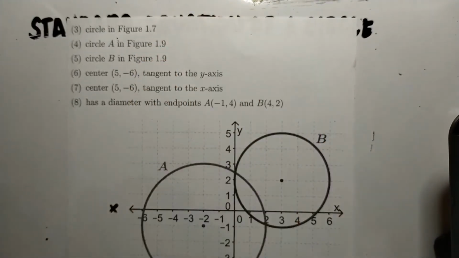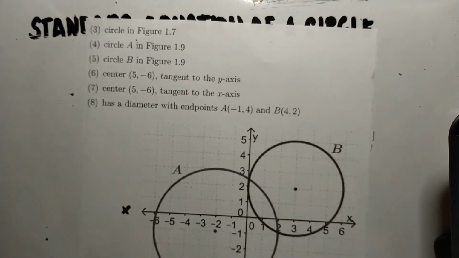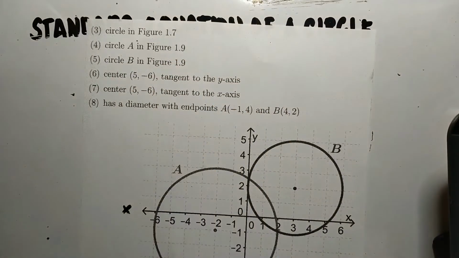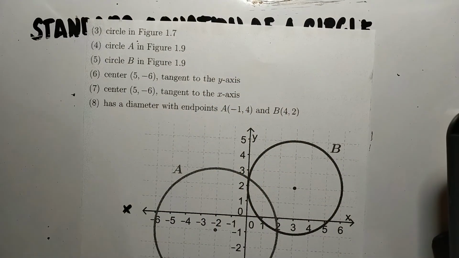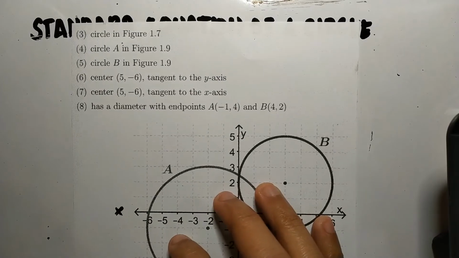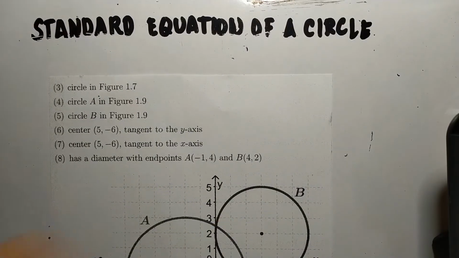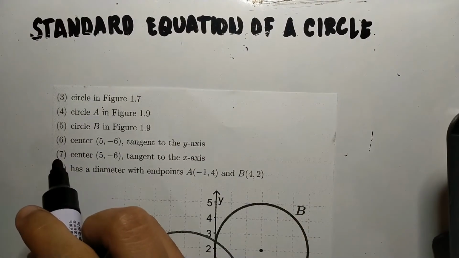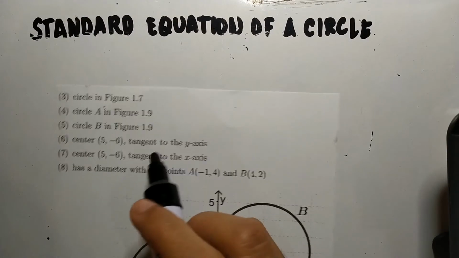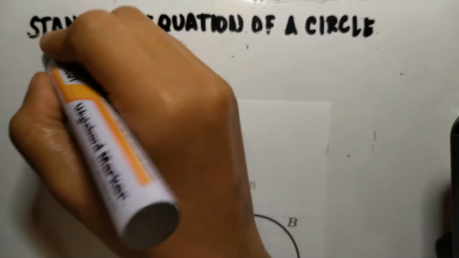Wait lang. Nawawala yung focus. Focus ulit natin. Sulat natin yung center. Pareho lang naman si 6 and si 7. Pero magkakaiba lang sila ng radius.